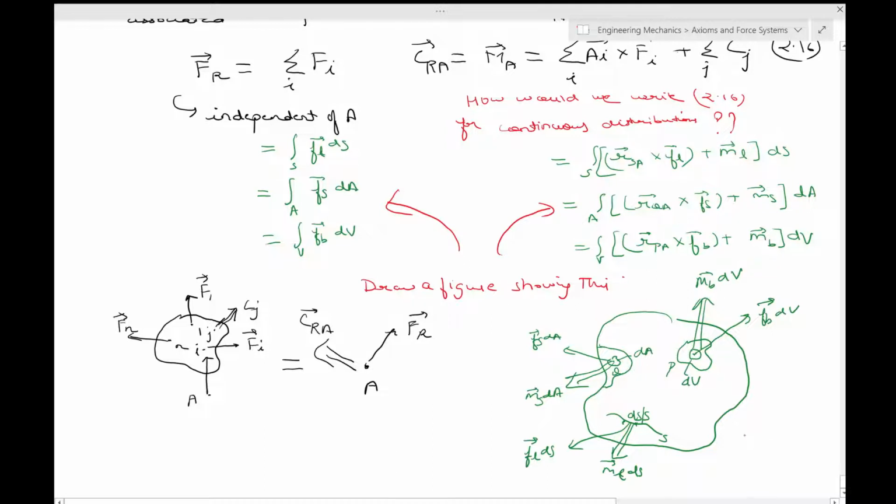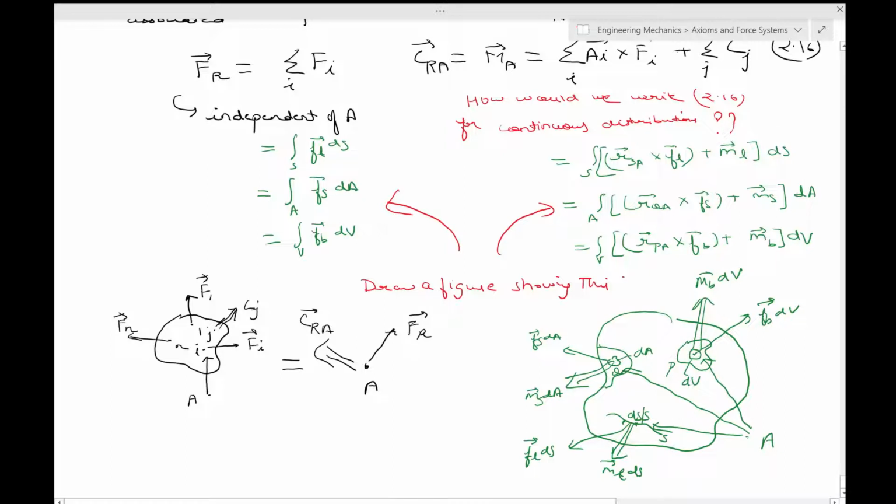And say you have this point A, all this is being done about this point A. So the vector RSA would be this vector AS, vector RQA would be going from here to here, and RPA would be the vector AP.